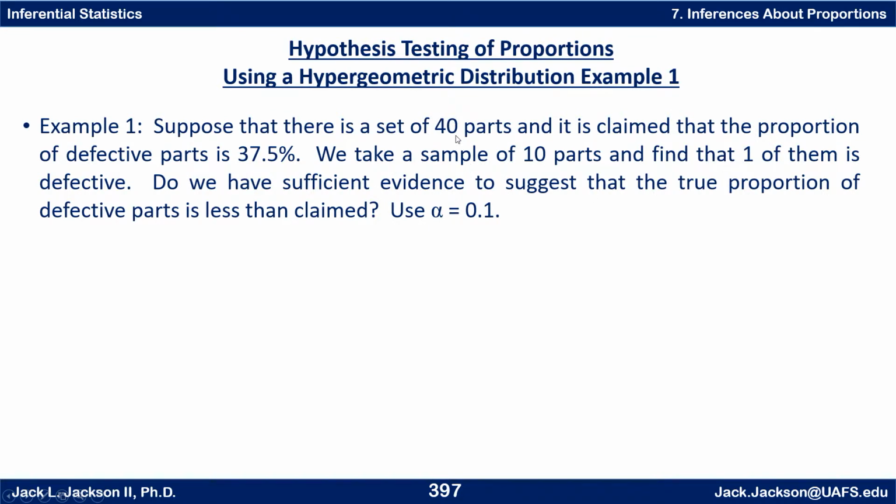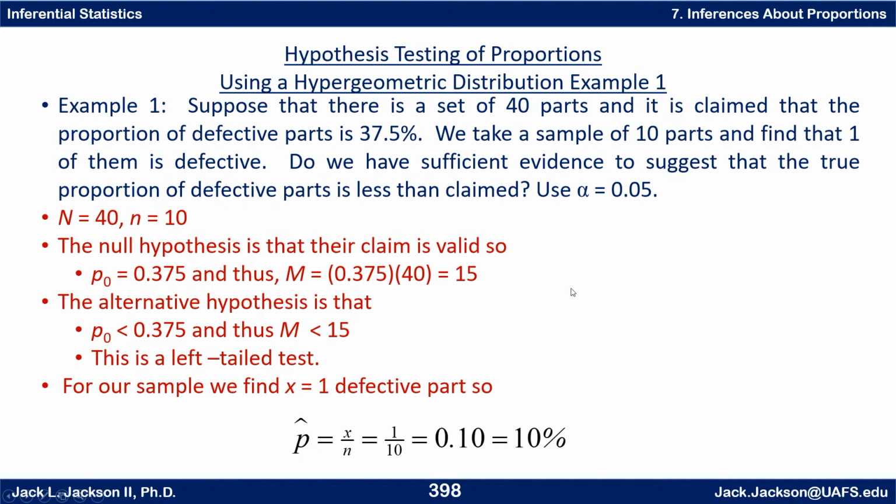Notice we're drawing from a finite population of size 40, so we are talking about a hypergeometric distribution, and we want to find the probability of getting 1 out of 10 or less in a sample of that size. Capital N, the population size, is 40, and little n, the sample size, is 10.